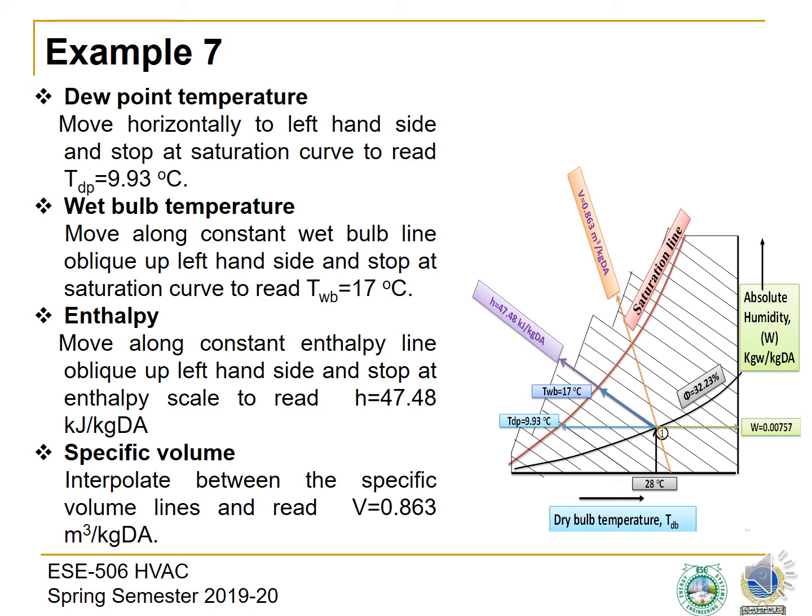But as explained earlier, different software are available nowadays. One example is SciPro. Just draw a state point electronically and then on the left hand side bar all parameters will come, and they will tell all the other parameters like enthalpy, specific volume, wet bulb temperature, dry bulb temperature, dew point temperature, etc. And one can draw very precisely on this.